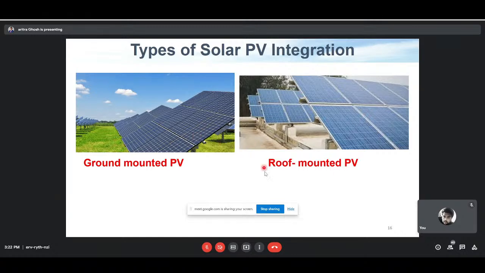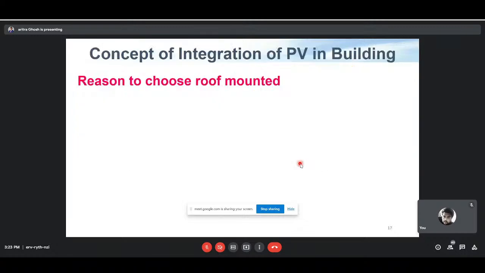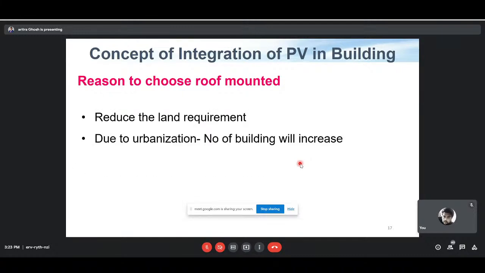I particularly use this term because the Indian government has a target, saying that roof mounted should be 40 gigawatts by 2022. But here in the UK we generally say building integrated. I'll come to this point later on. My current research is mostly about how you can integrate photovoltaics into the building. The first reason you choose roof mounted is that it can reduce land use, and we know that due to urbanization, the number of buildings increases day by day.